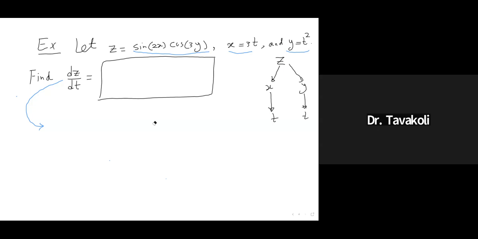Using the chain rule, this is going to be the partial derivative of z with respect to x times the derivative of x with respect to t, plus the partial derivative of z with respect to y times dy over dt. So dz over dt is the sum of these two products according to the chain rule.